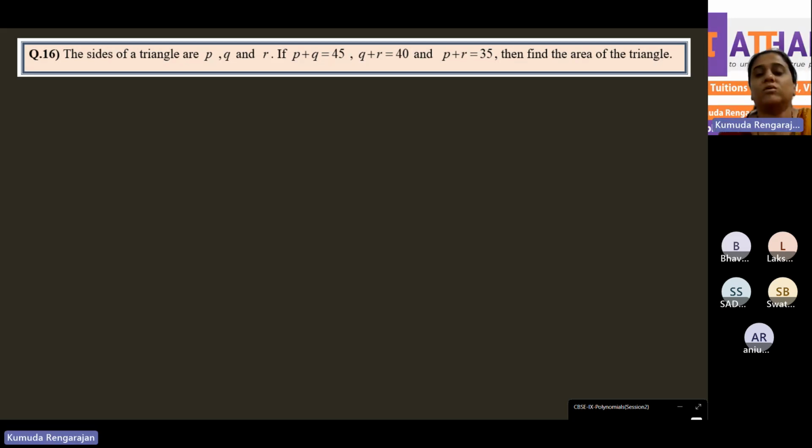Done. Now, say solution and write the three equations one below the other and add the three equations.